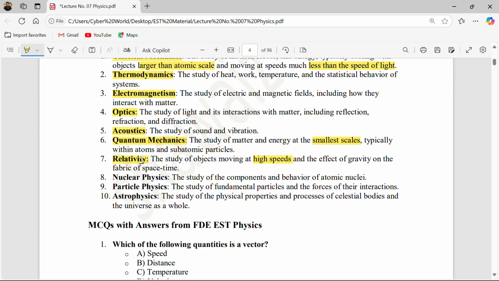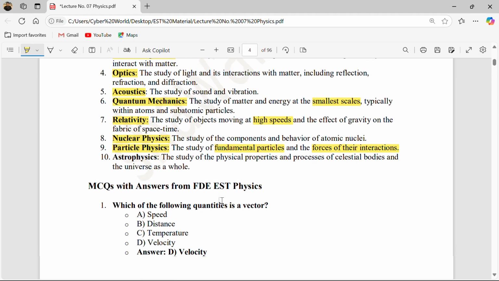And what is nuclear physics? Nuclear physics is the study of the components and behavior of atomic nuclei, meaning the study of subatomic particles. Particle physics is the study of fundamental particles and the forces of interaction between them, how forces interact at small scale.